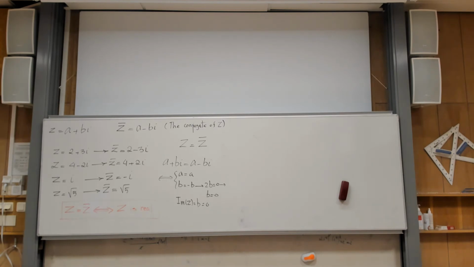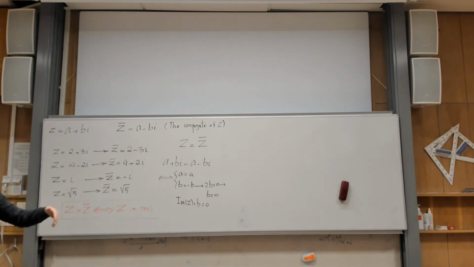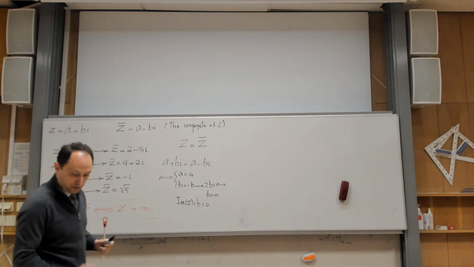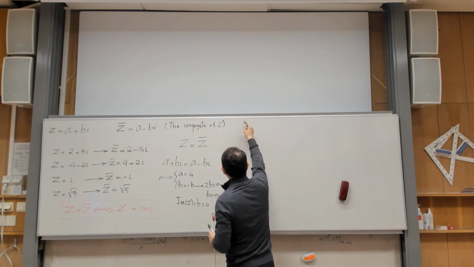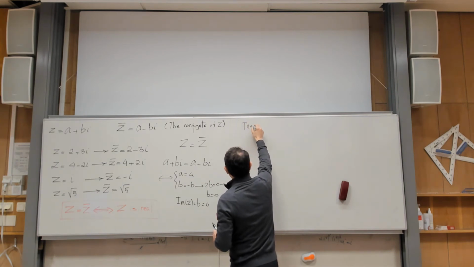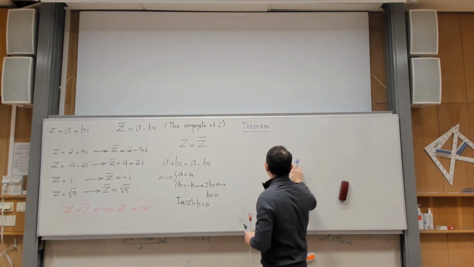Okay. Now there are some properties. The properties that I itemize here are spread around in the problems. So you can consider them as problem solving, but I will put them under the title of a theorem, because for the people who are thinking about understanding things a little bit deeper, these are the important theorems that you can use when you go to complex numbers.